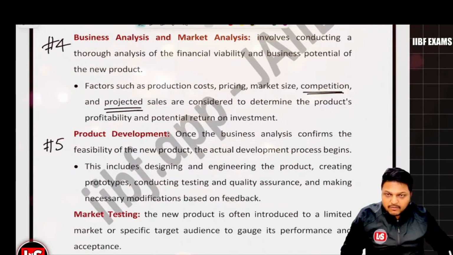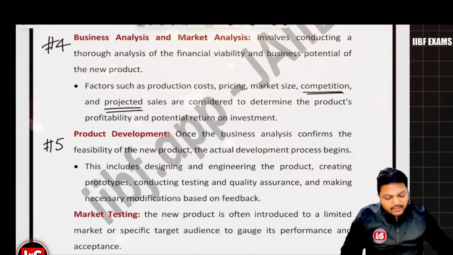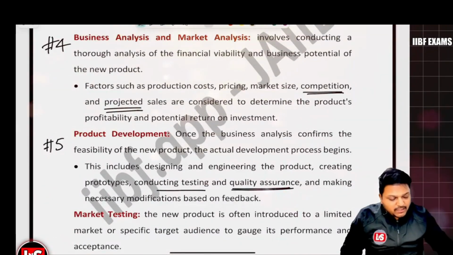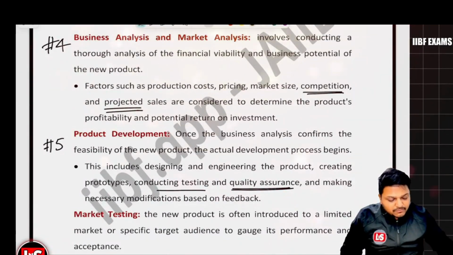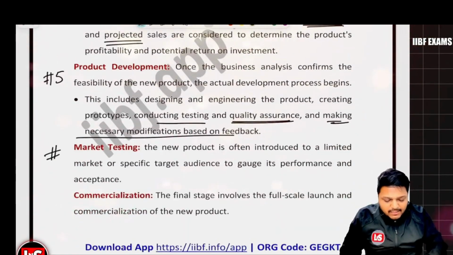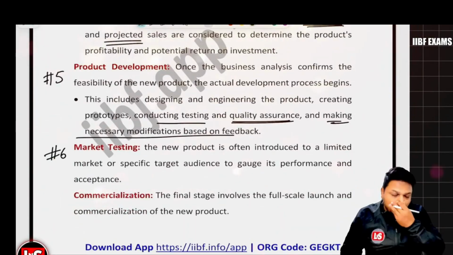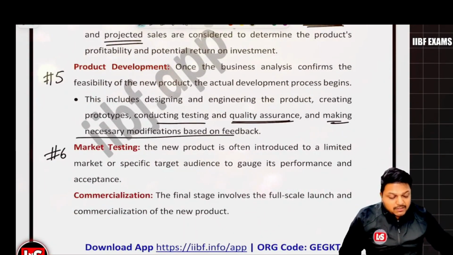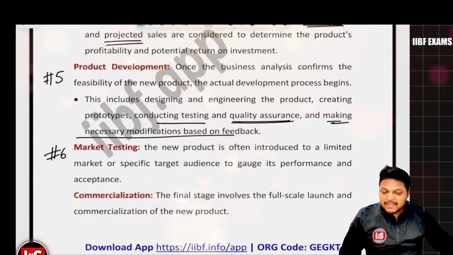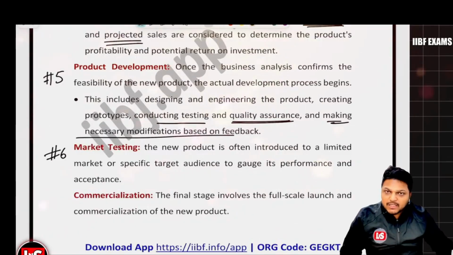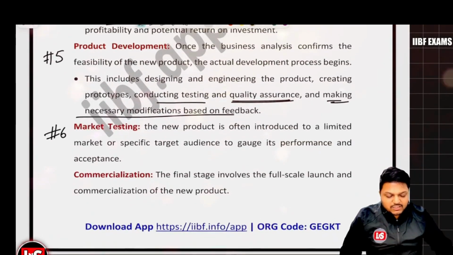You'll be finalizing the product prototype, testing it internally further, and doing the QA, that is quality assurance, and further making the necessary modifications based upon it. And further it will be tested upon the specific customer segment, right? And further, you have to get the feedback from the customers, and whatsoever changes are to be done, those adjustments will be done.